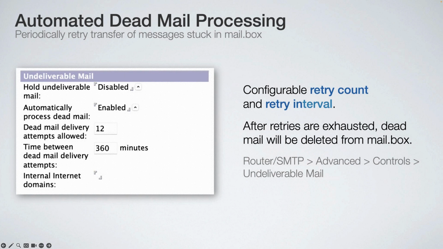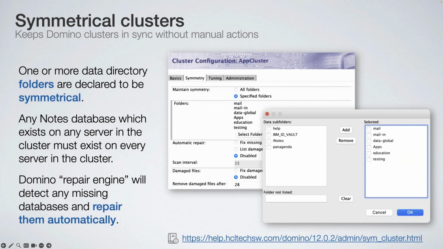In this case, the mail router on Domino makes 12 attempts to deliver the mail. If the mail is stuck and cannot go to the recipient, nor back to the server, after some time it is marked as dead and deleted completely from the mailbox. So if you have troubles with a full mailbox queue filled with dead mails, this could be relief for your troubles.